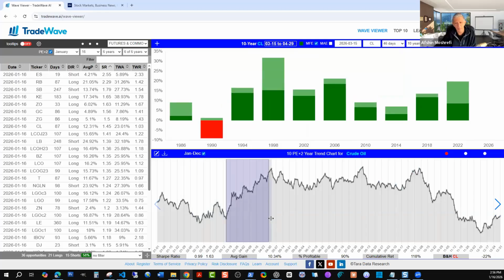Strong up right here, from 15th of March until May 2nd. Average of 11.5% up. Wow. That's a good one. And again, this is based on presidential election +2 or midterm election years.